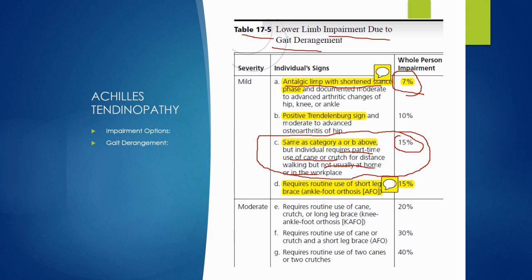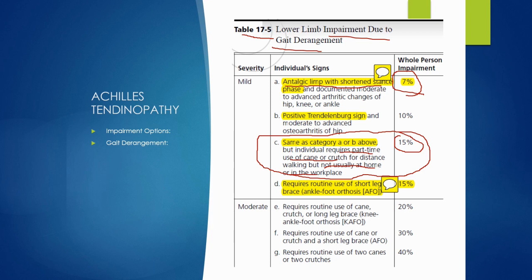Some type of objective verification that they do indeed use a cane or a crutch part-time would be sufficient for you to provide for them a much higher permanent impairment rating, in this case as high as 15% whole person.